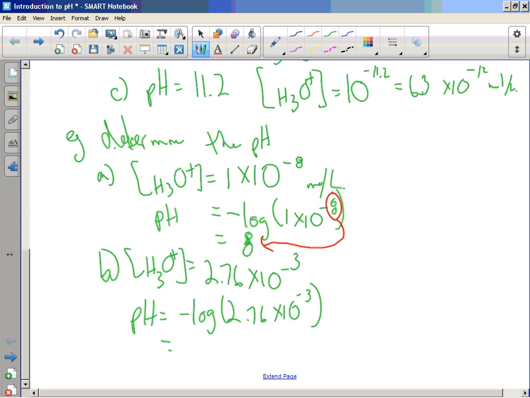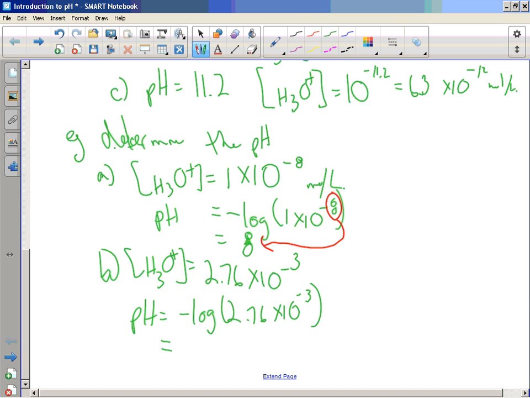Now, before you press the equals, you should have a guess on what number it's going to be close to. Because if it's 1 times 10 to the negative 8, then the pH is just 8. I take the power off of it. If this was 1 times 10 to the negative 3, what would we expect the pH to be? 3.